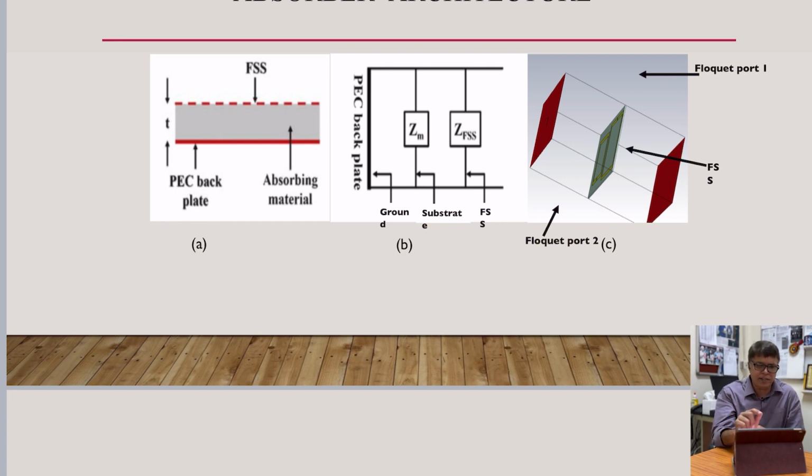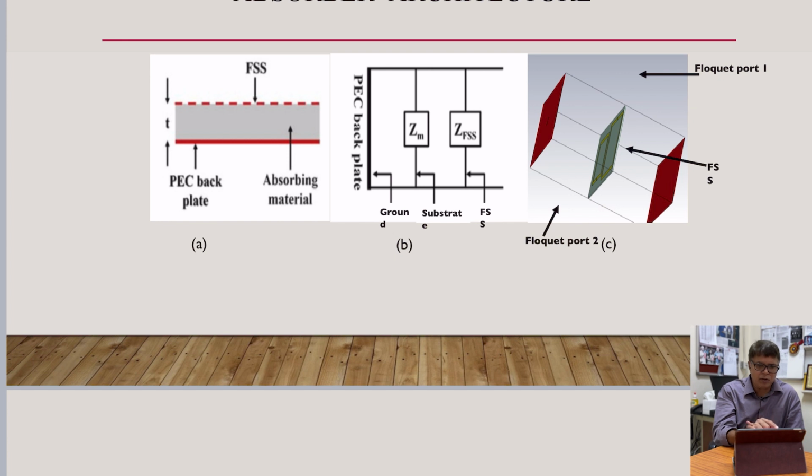Then there is the FSS again, which will force the EM wave to travel into the substrate, and this process continues. The EM wave received by the FSS travels into the dielectric material, also known as the absorbing material, which offers a certain loss, known as dielectric loss.